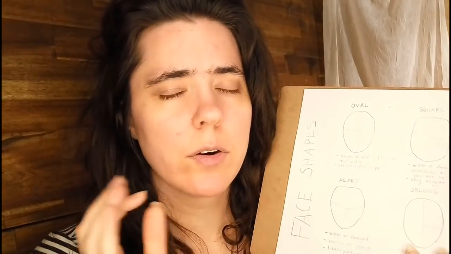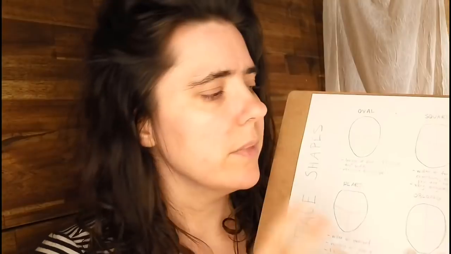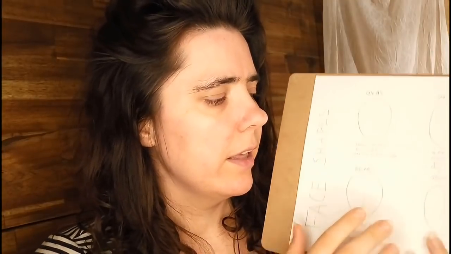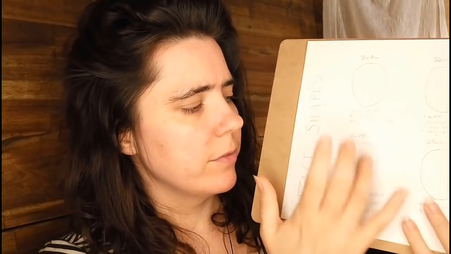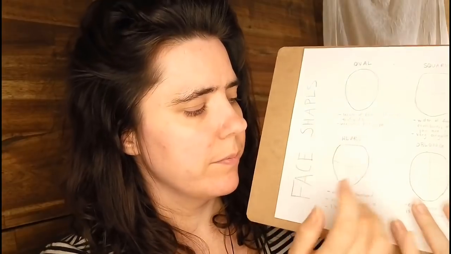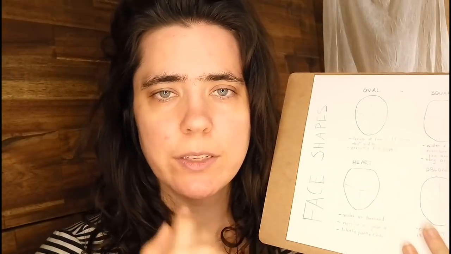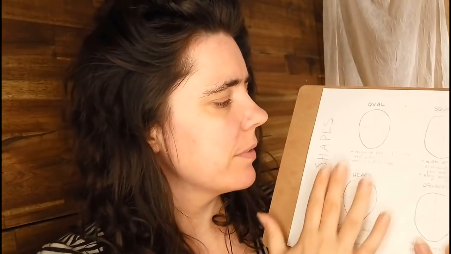But these 6 are a great guideline to start with and really do help us get an idea of how to frame the face. Because that's what we'll be talking about, is what hairstyles help to accentuate the features in your face and what hairstyles may diminish some of those features.